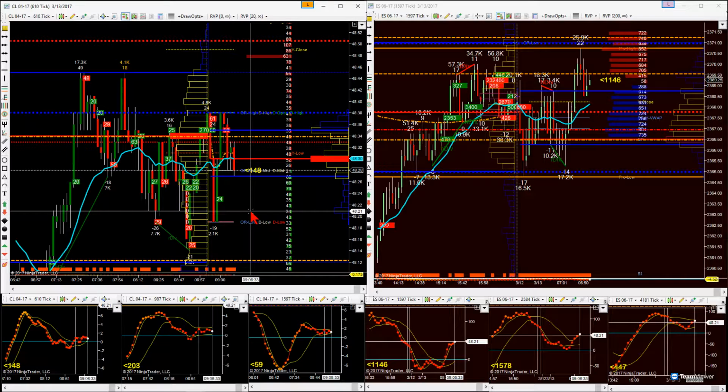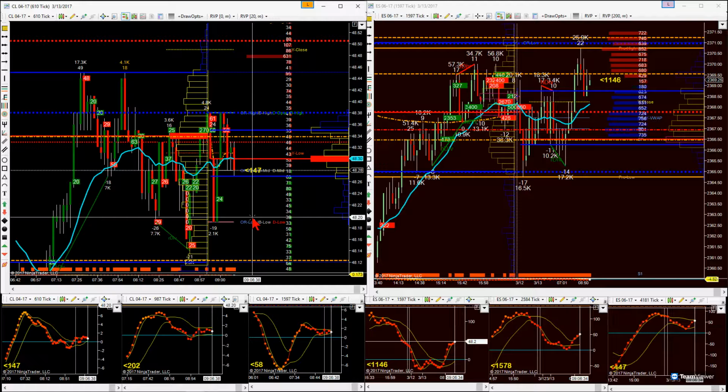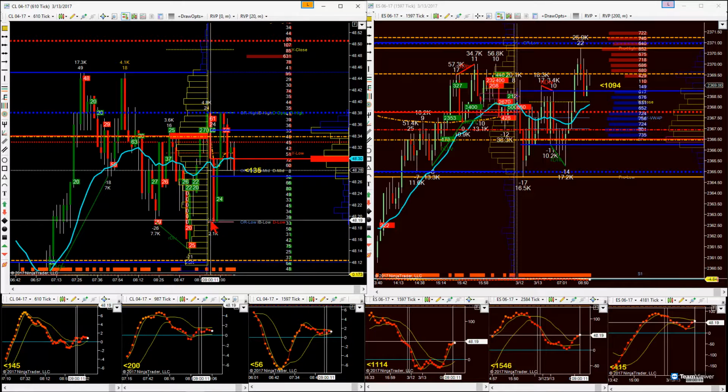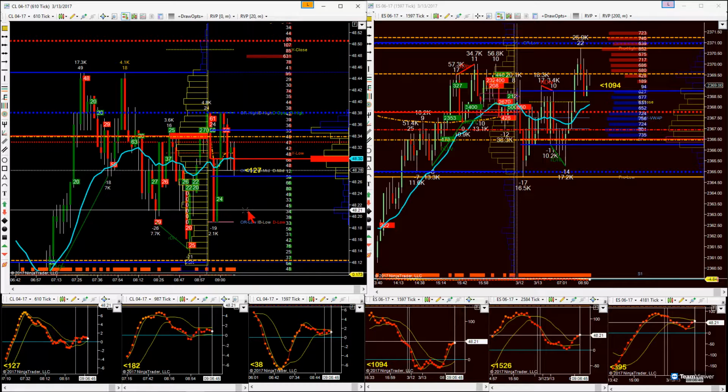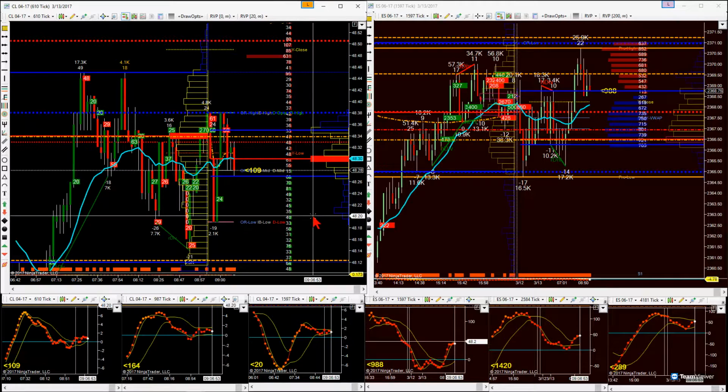Not really far enough for us to try to take a short from where we are right now. Don't have the 10 ticks. Really just kind of stuck here.